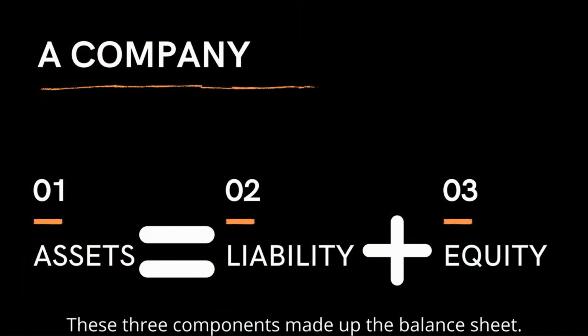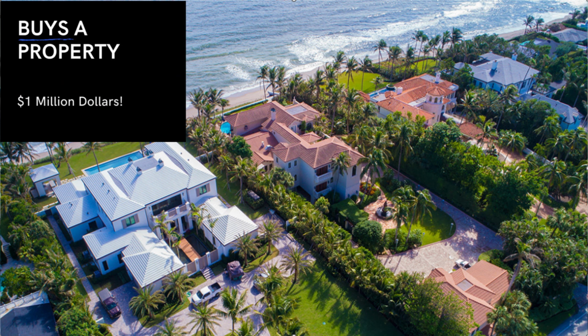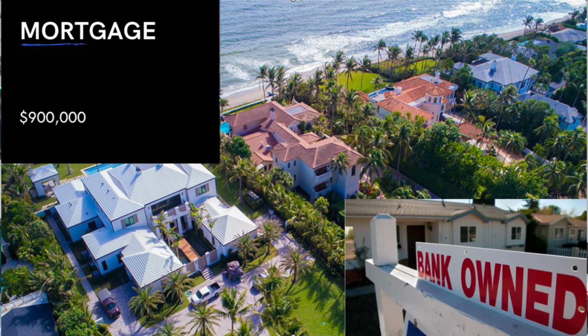Let's say, for example, a company has a property worth $1 million. That is its asset. But then they can finance that property with a loan. Let's say $900,000 from a bank. That's its liability.